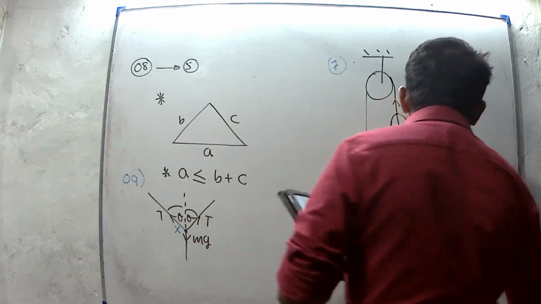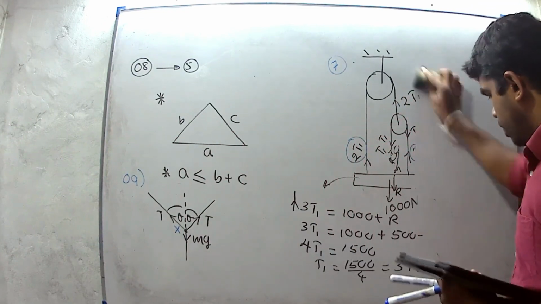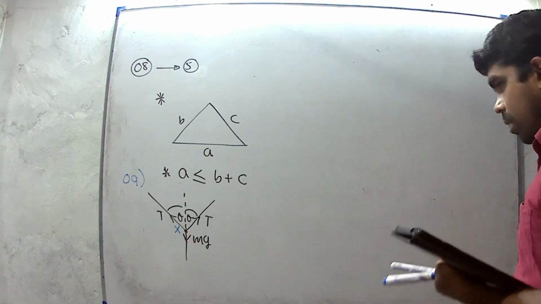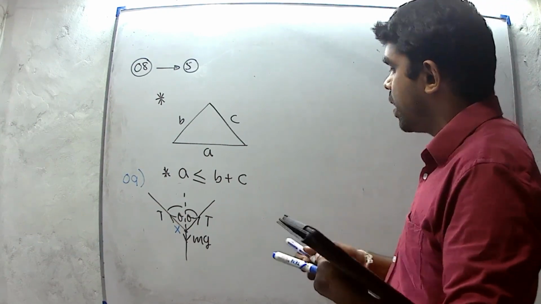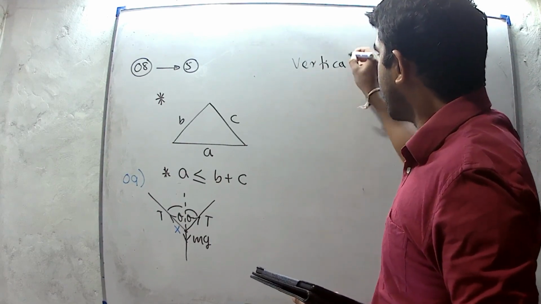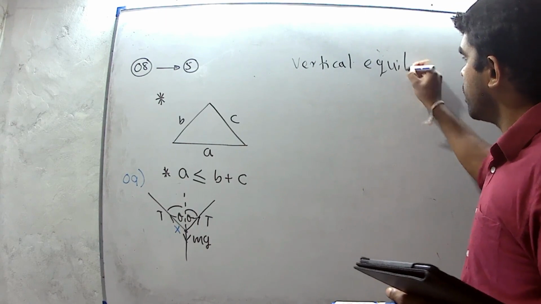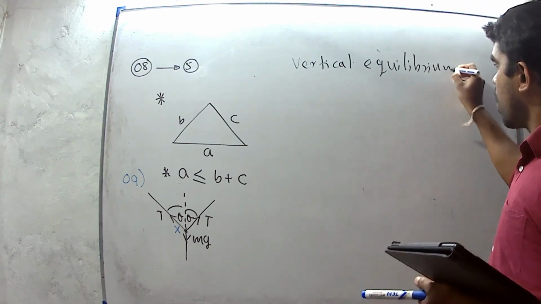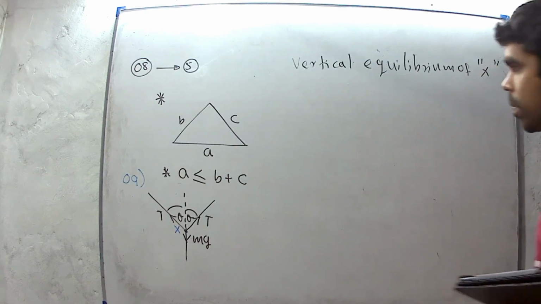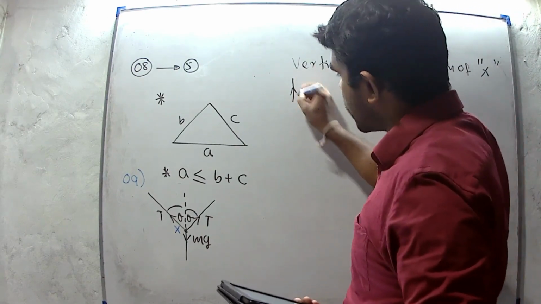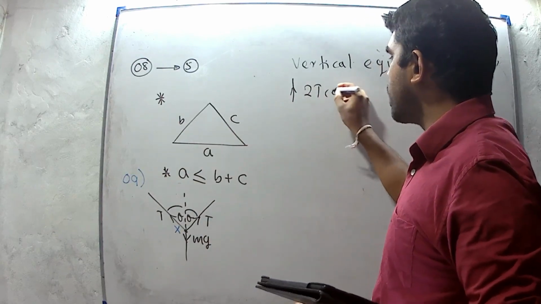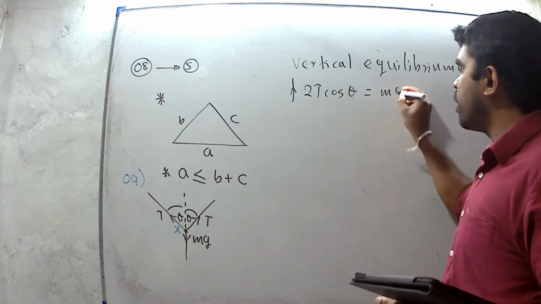We can consider the vertical equilibrium. Then we can write for the vertical equilibrium of point X. Upward forces T cos theta plus T cos theta, 2T cos theta equals downward force mg.